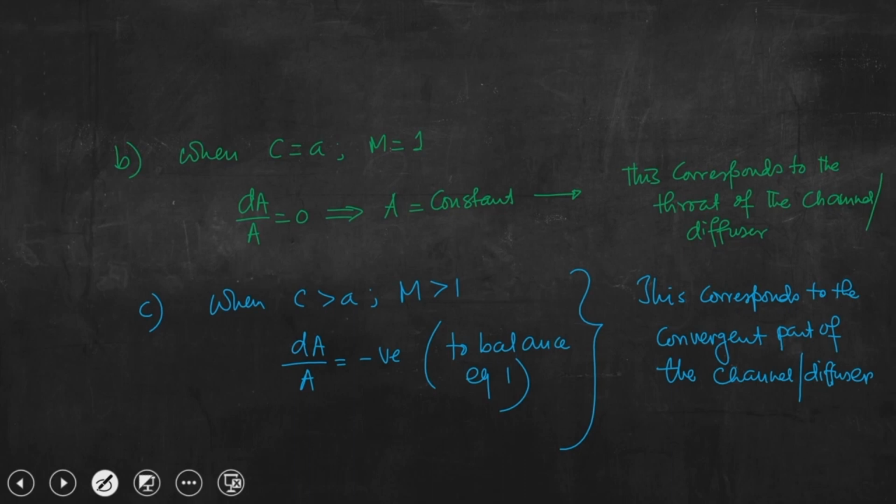If we try to summarize, we have discussed several cases by considering several regimes of Mach number, that is whether Mach number is greater than 1 or less than 1 or equal to 1. For two different cases, in one case it is accelerating, other case it is decelerating. So, let us summarize in the form of a table whatever we have learned.